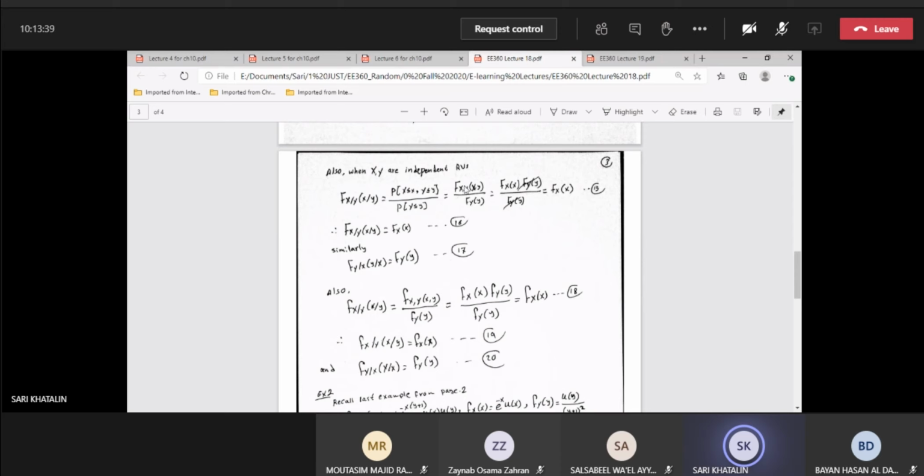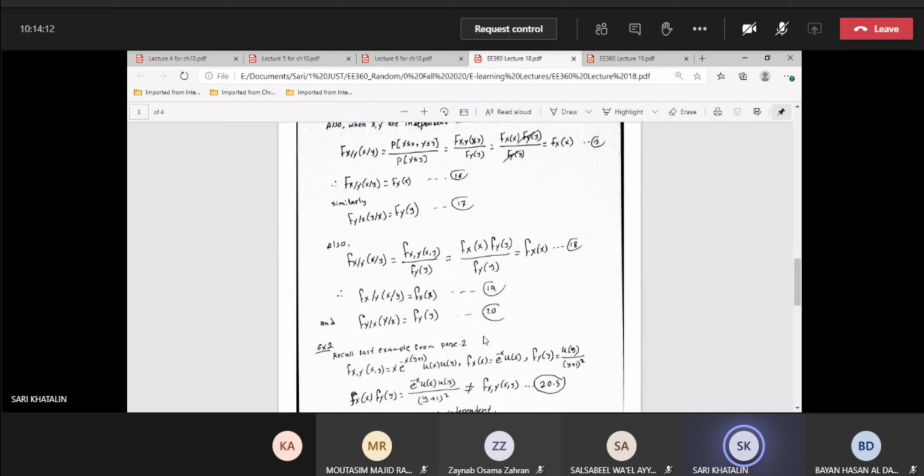If x and y are independent random variables, the joint CDF will be written in this way, so this will cancel this one, and you will end up with the conditional CDF of x given y being the marginal CDF of x. That is obvious, because x is not depending on y in this case, since they are independent. You can do the same thing for y given x, and the same thing for the PDF. Okay, it's very straightforward.